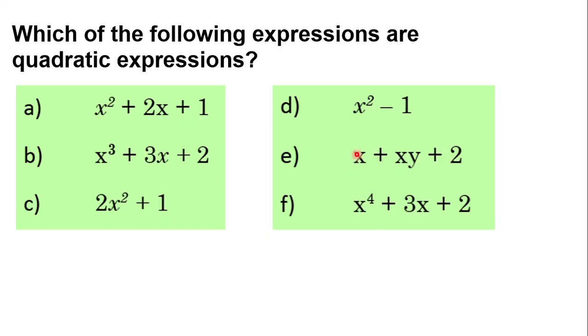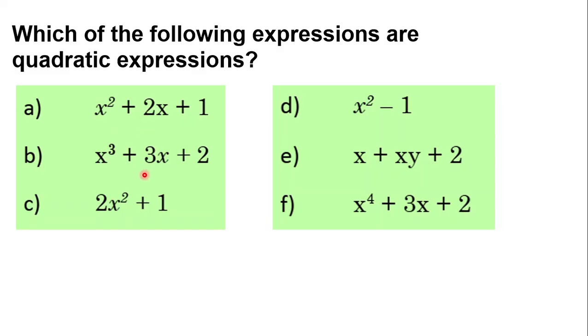The highest power here is a 1. This x is to the power 1. So in this case, this is not quadratic. For an expression to qualify as a quadratic function or expression, the highest power must be a 2. Look at this. Here the highest power is a 4. That means this one is not quadratic.